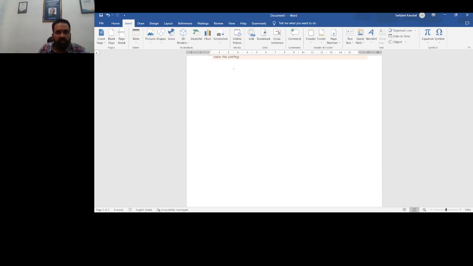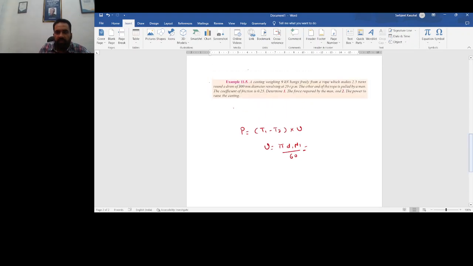So the next thing is we have to find out the power transmission by the belt. The power transmission by the belt is given by the equation (T1 minus T2) into velocity, where T1 is the tension in the tight side, T2 is the tension in the slack side, and V is the velocity of the pulley, either driver or driven, in meter per second. To calculate V, we have the formula pi D1 N1 by 60.